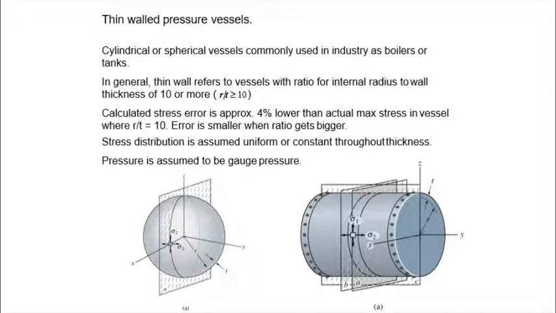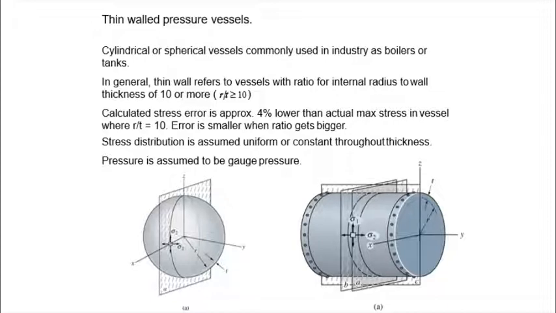Pepsi, Cola, or Coca-Cola, all those cans. Those are made of thin wall aluminum and slightly pressurized. Okay. And in other places, in industry, you can find them in boilers or tanks.